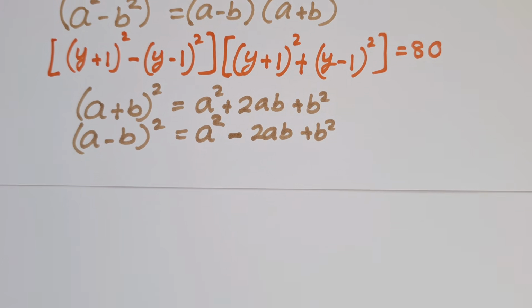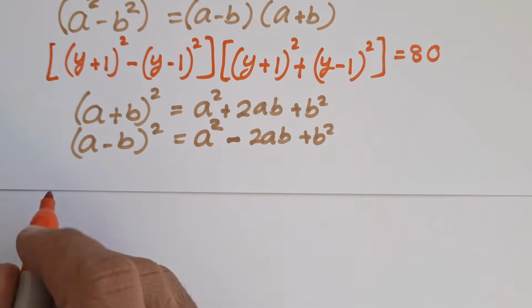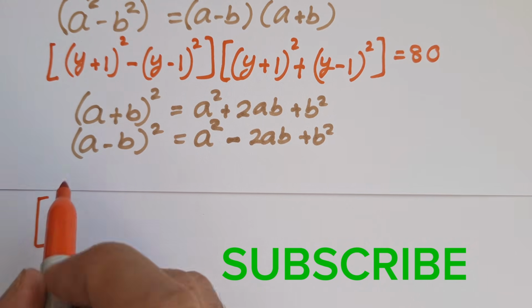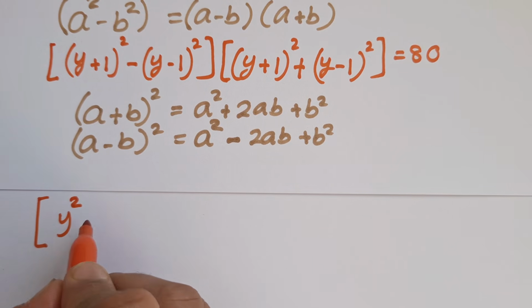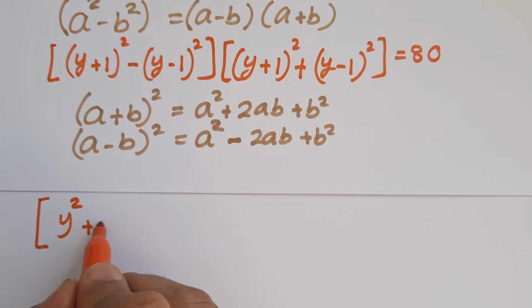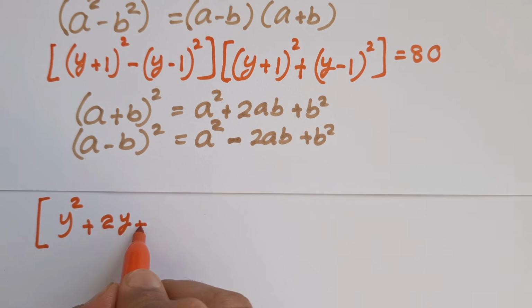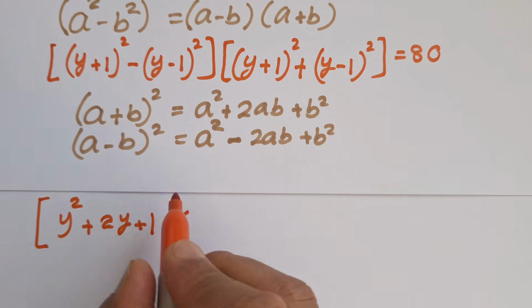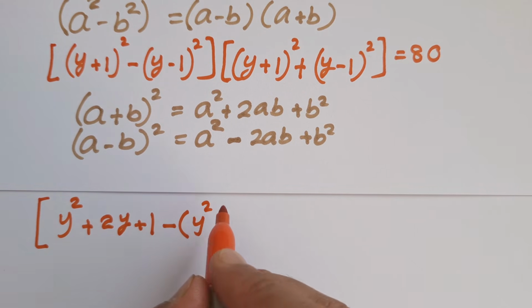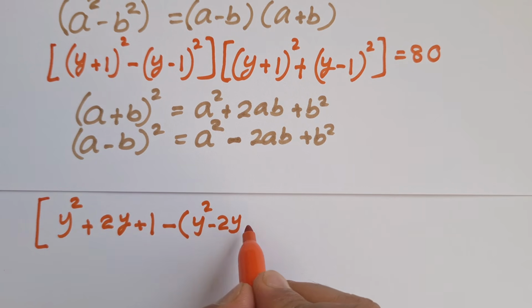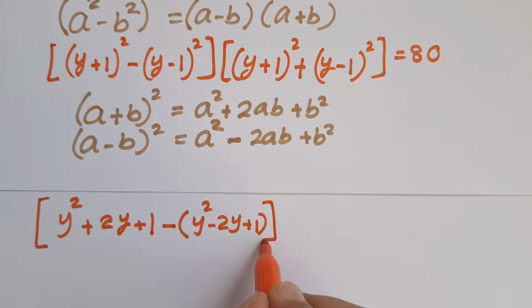So in the first bracket, I will have y squared plus 2 times y plus 1, minus y squared minus 2 times y plus 1.